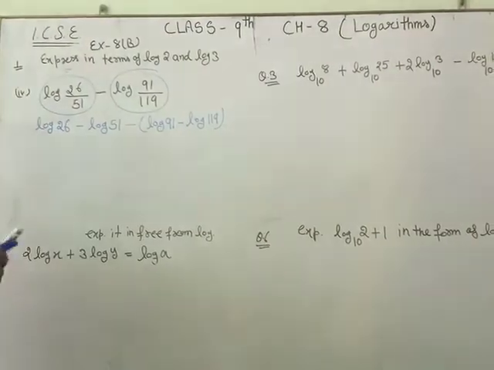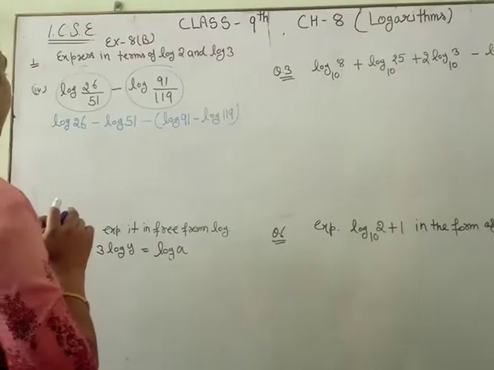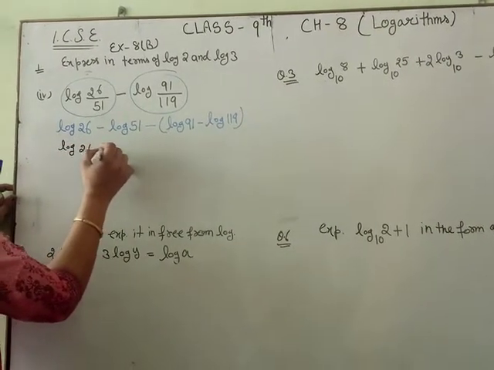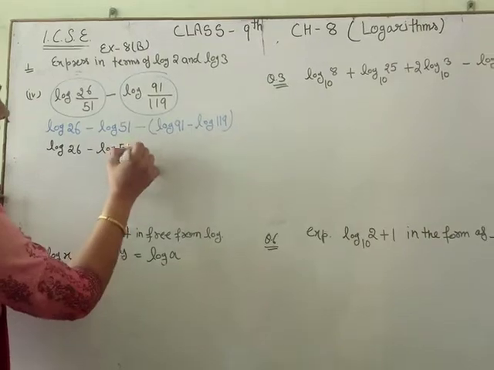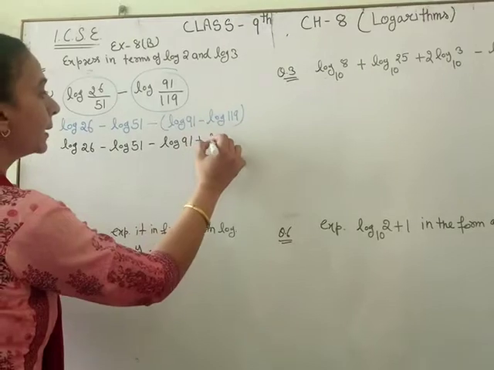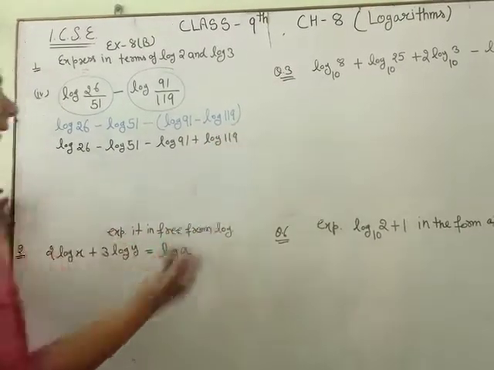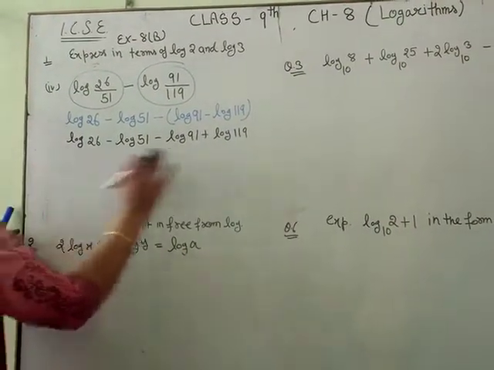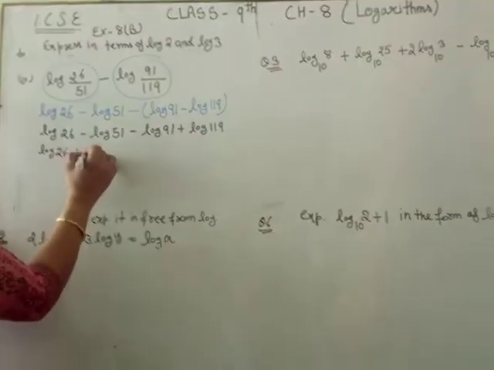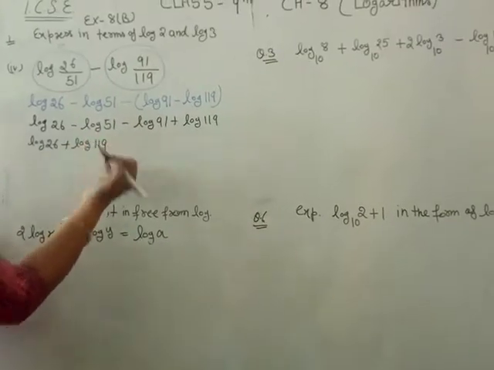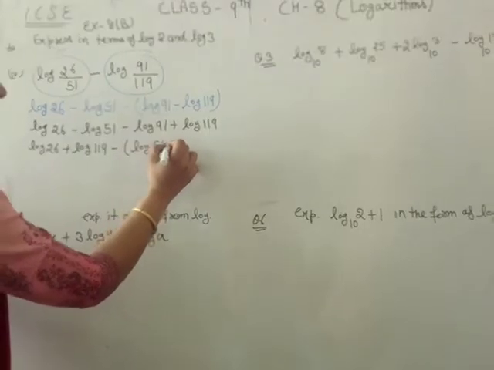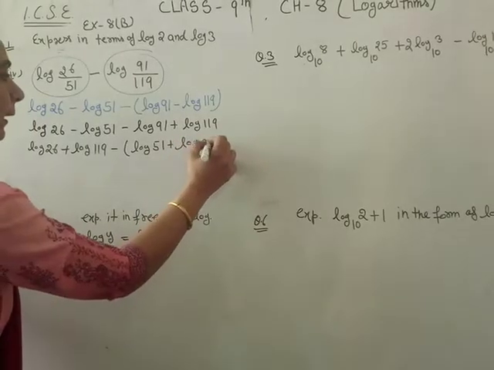Next is log 26 minus log 51 minus log 91 plus log 190. Students, first we take the positive terms, log 26 plus log 119, then minus common, log 51 plus log 91.